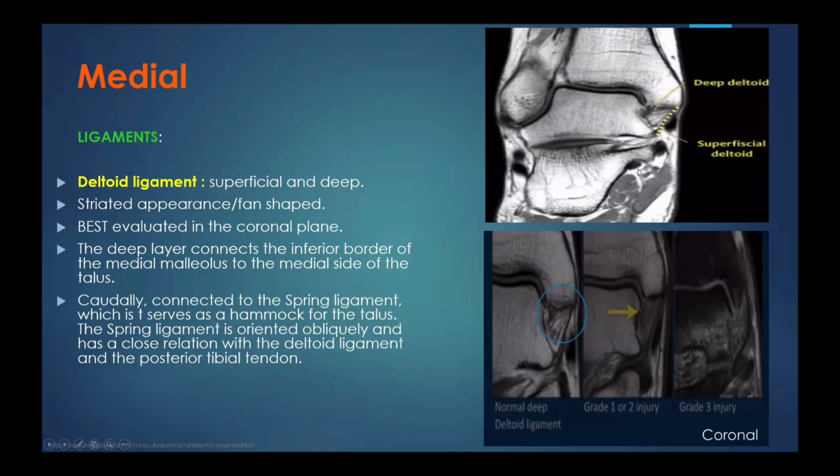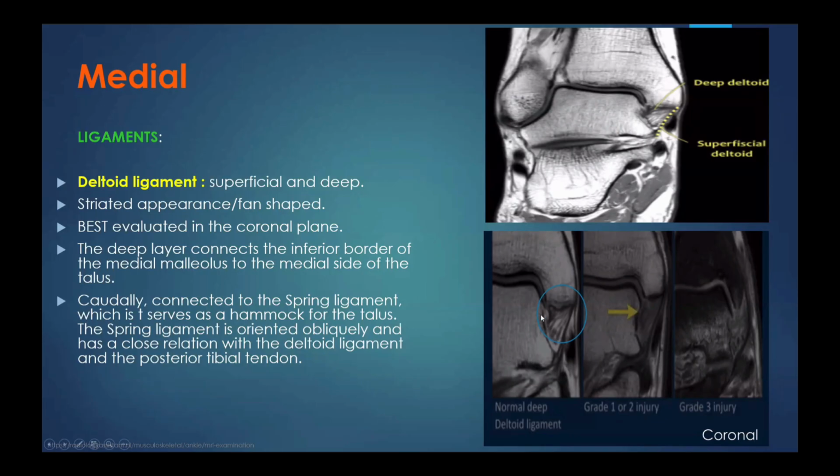The deep layer connects the inferior border of the medial malleolus to the medial side of the talus. Caudally connected to the spring ligament, which serves as a hammock for talus, and the spring ligament is oriented obliquely and has a close relation with the deltoid ligament and tibialis posterior tendon.